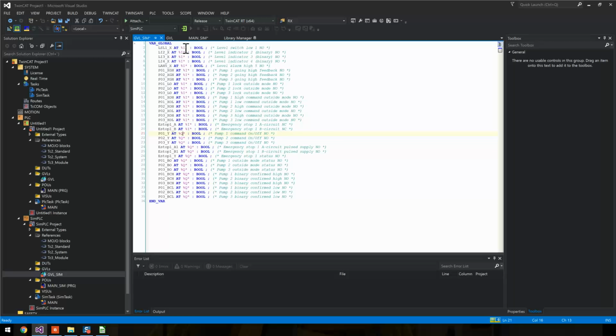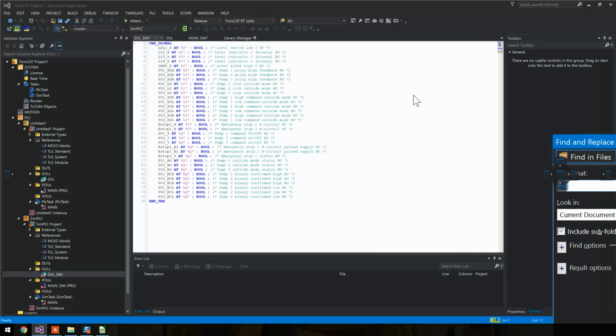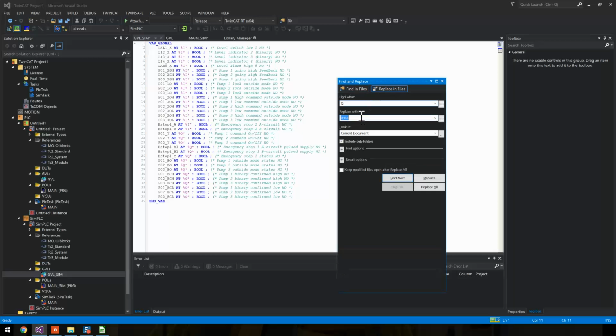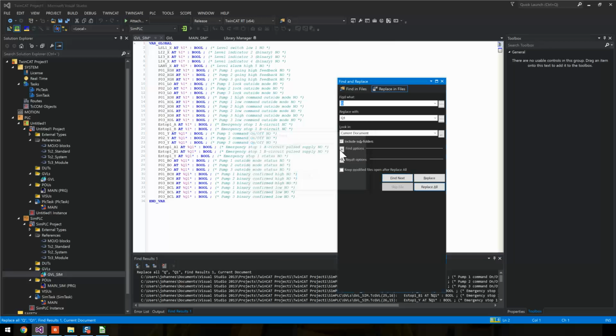So let's replace all the I's with Q and all the Q's with I's. Let's just do some find replace.